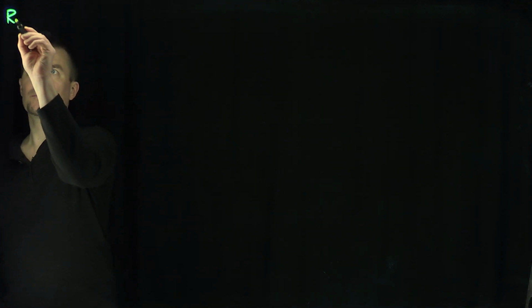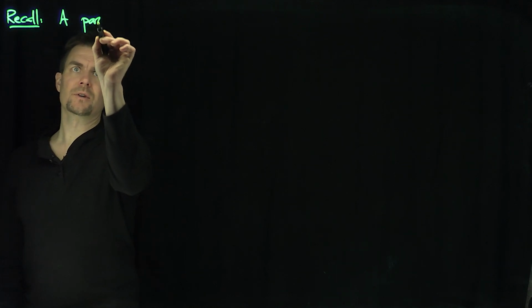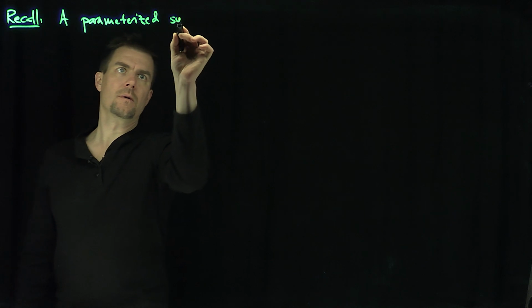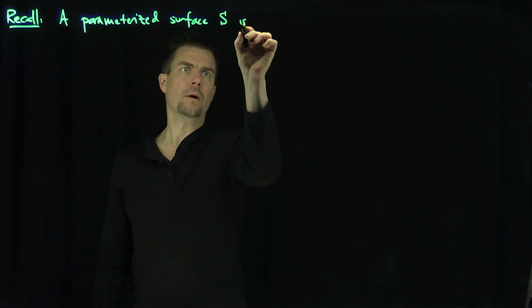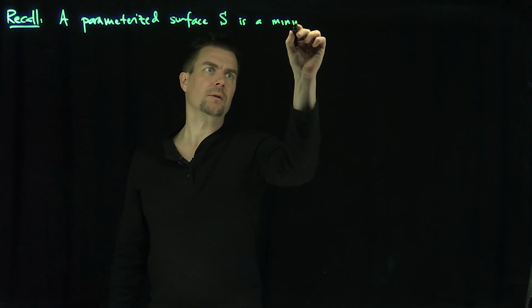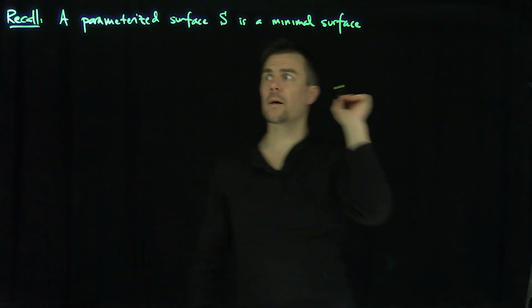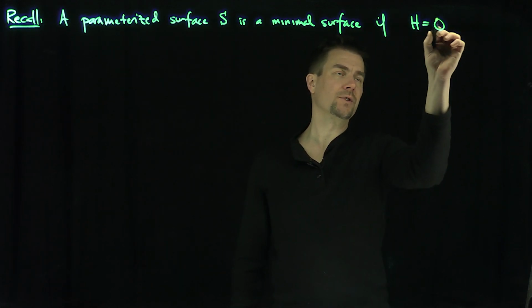Let's recall, a parameterized surface is a minimal surface if its mean curvature H is equal to 0.